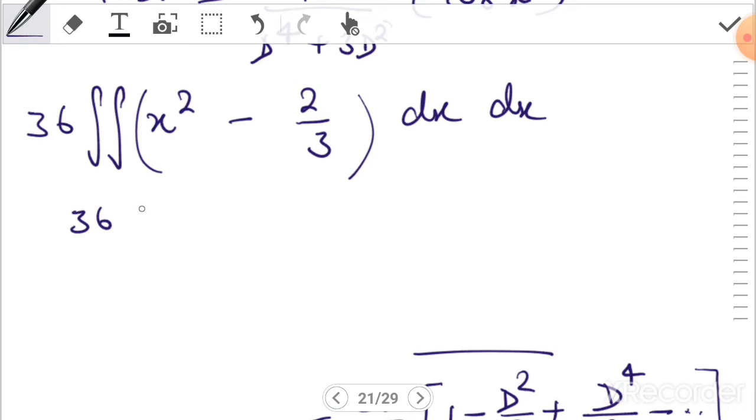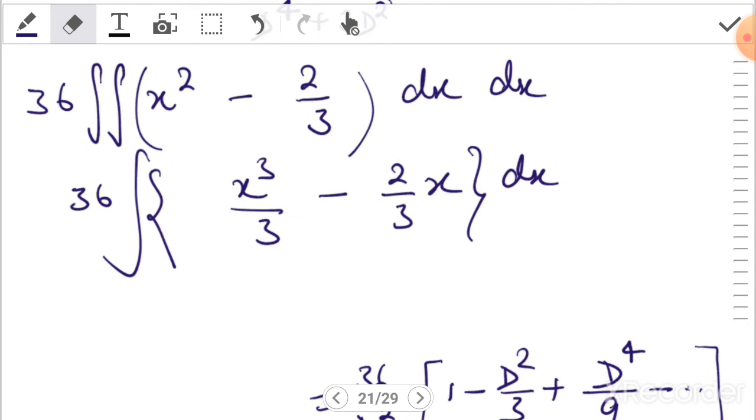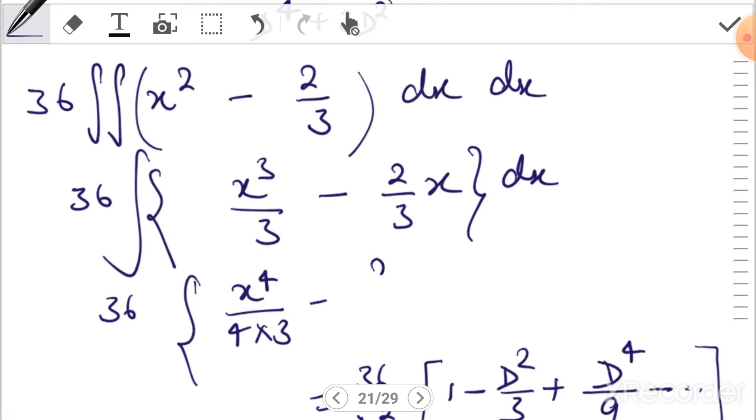Again this will be 36. Integrating once it will be x cube by 3 minus 2 by 3 x. Integrating again we will have x to the power 4 by 4 into 3 minus 2 by 3 x square by 2.